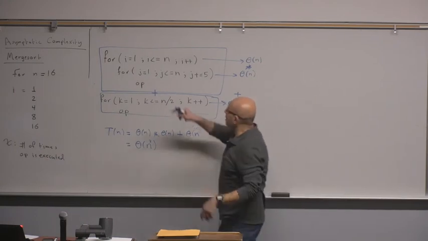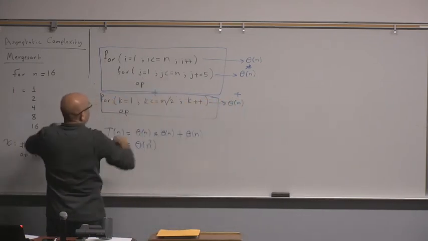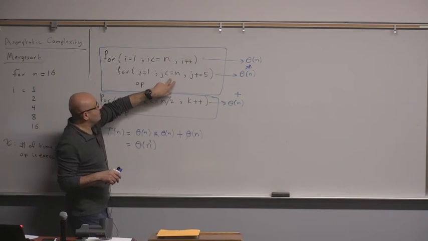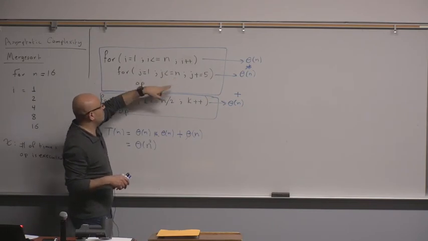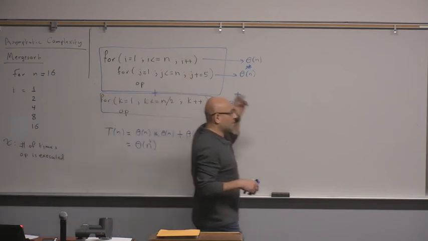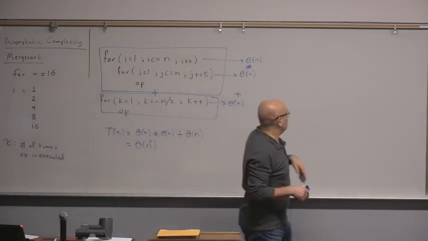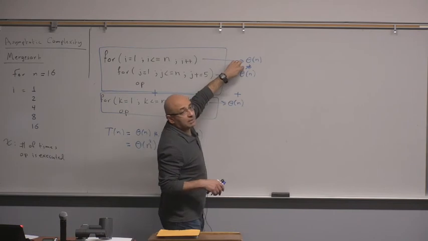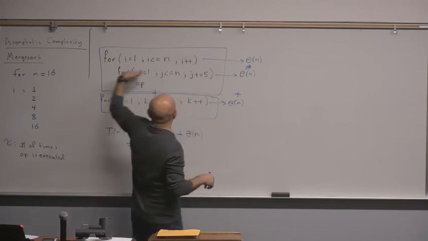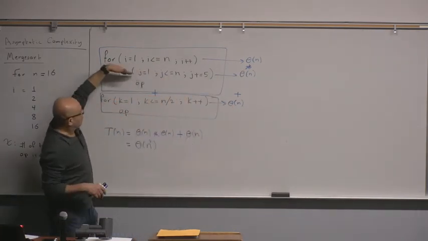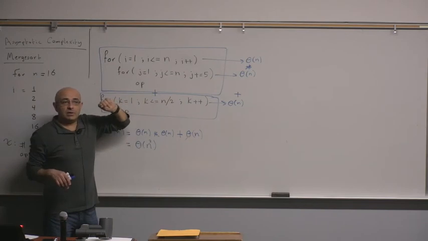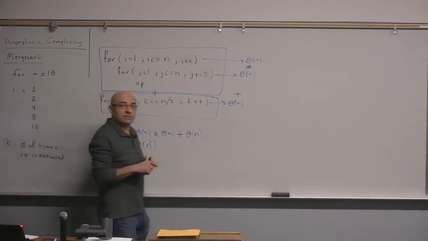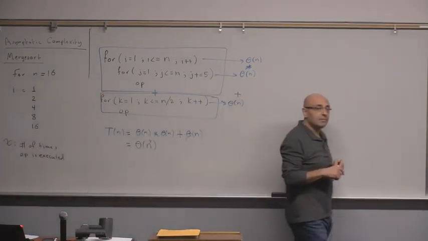But here, the number of executions of the inner loop is always the same. It's always n, or in fact here it's n over 5, which is asymptotically n. So we multiply. So you multiply only if the inner loop always has the same number of executions. Okay?